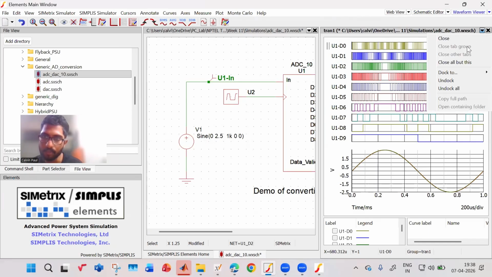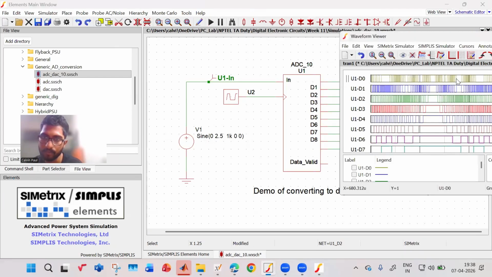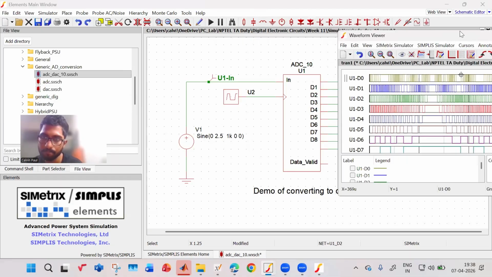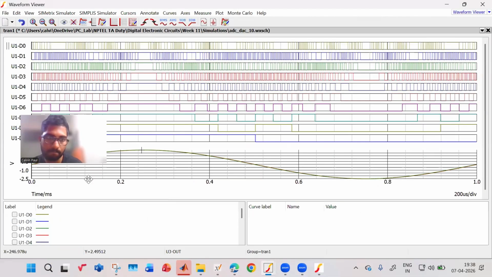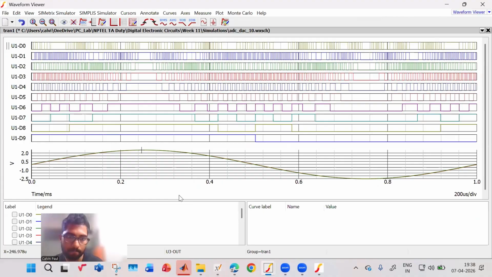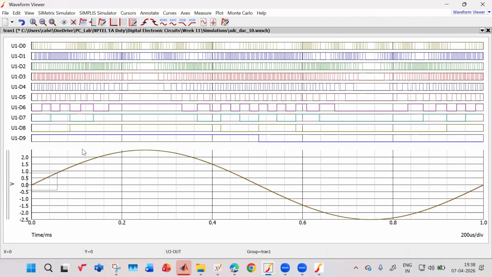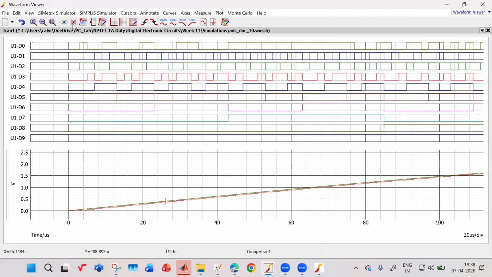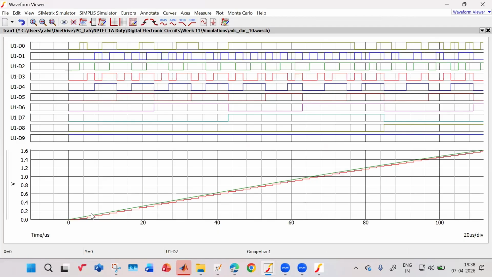Let me now undock it. Are you able to see this?